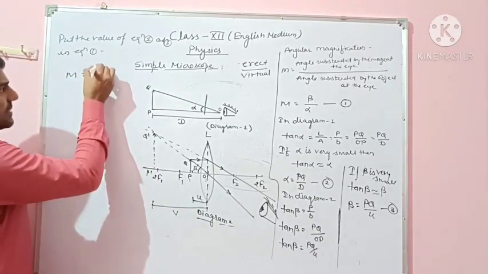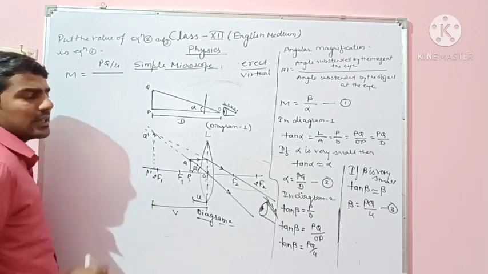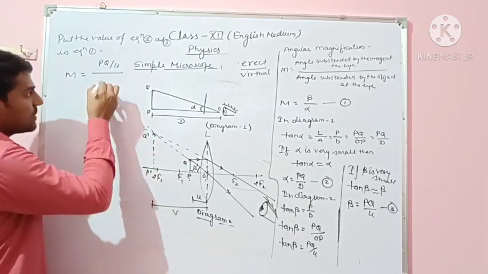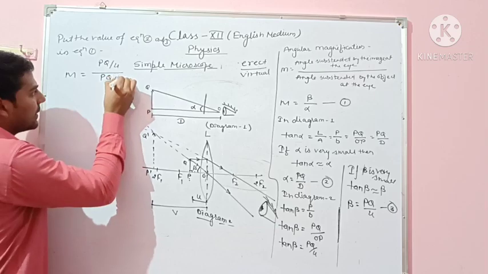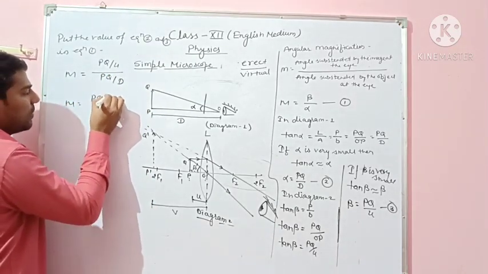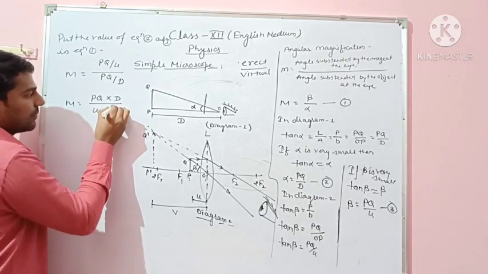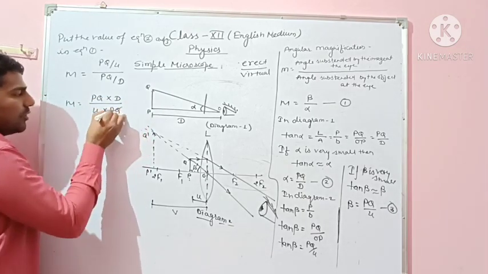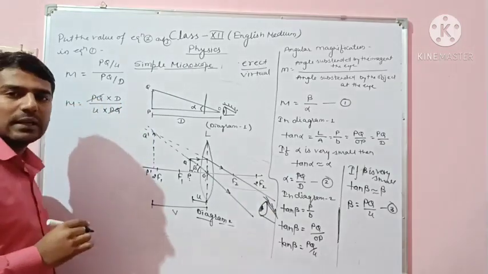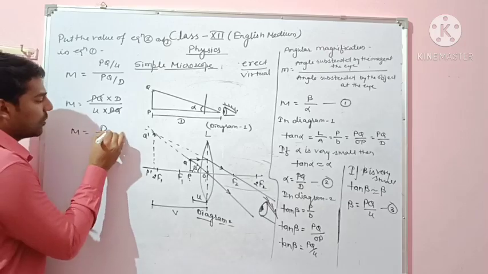The value of beta is PQ upon U. And the value of alpha is PQ upon D. In this condition, first is multiplied by fourth and second is multiplied by third. PQ and PQ both cancel. So M equals D upon U.